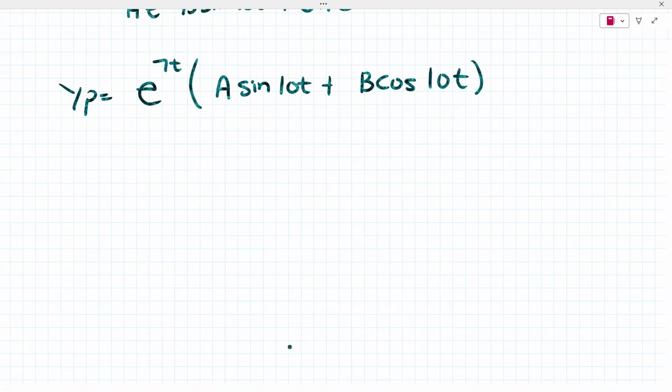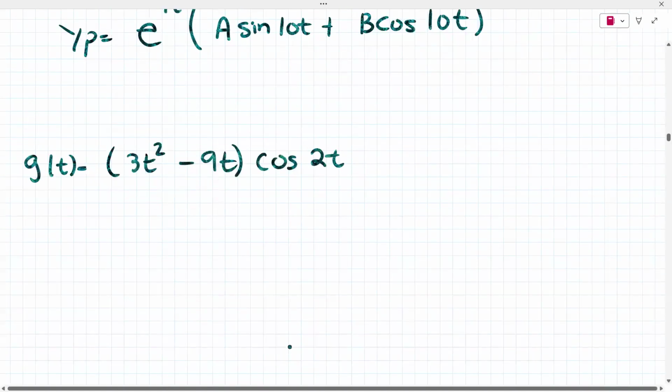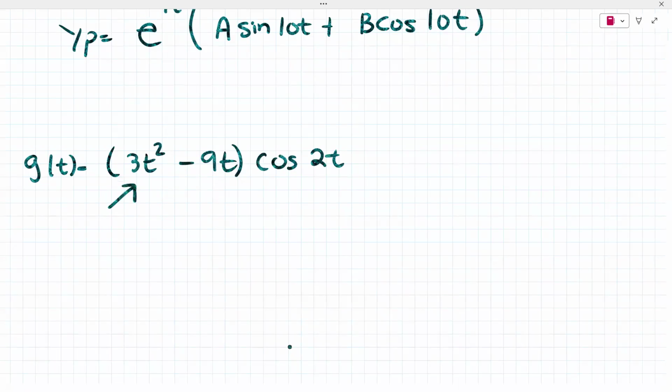What about if we had g of t is equal to 3t squared minus 9t times cosine of 2t. So what do we have? This is a polynomial with a degree of 2, so it would be like at squared plus bt plus c.